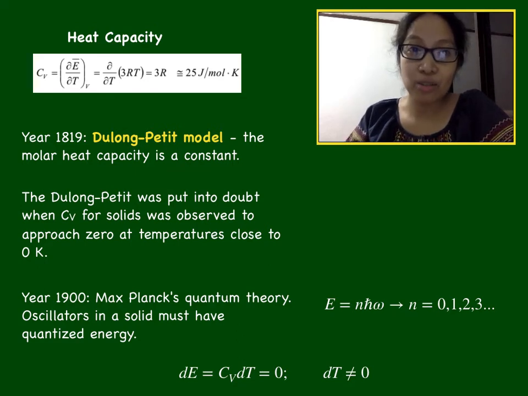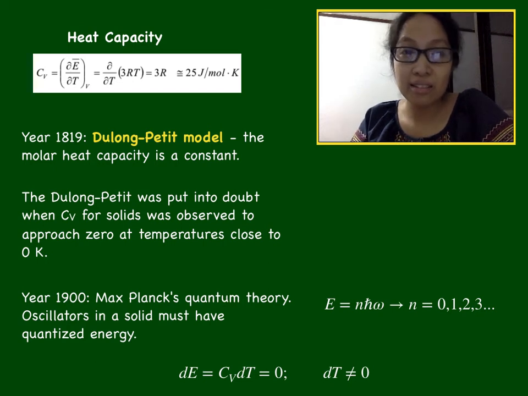Then Einstein noticed that Dulong-Petit principle fails badly for diamond. Low temperature studies show that the principle always fails provided the temperature is low enough. By low temperature, we mean those values near 0 Kelvin.